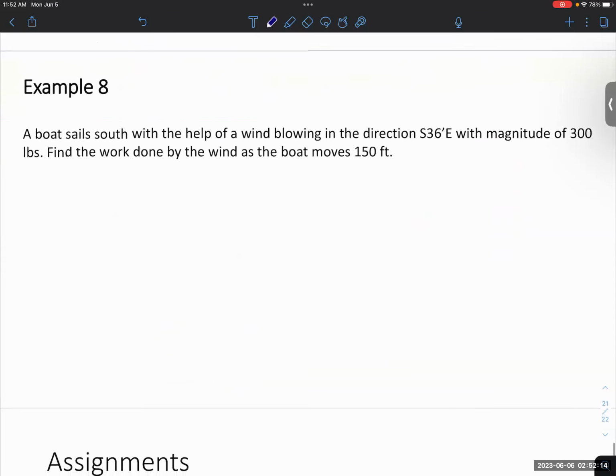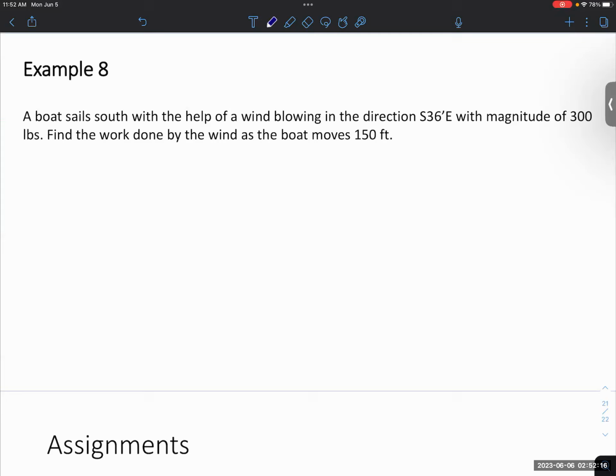Last example. A boat sails south with the help of wind blowing in the direction from south to east, creating 36 degrees with magnitude 300 pounds. Find the work done by the wind as the boat moves 150. So we are looking for work. You need a force magnitude because they're mentioning the direction, the degree.